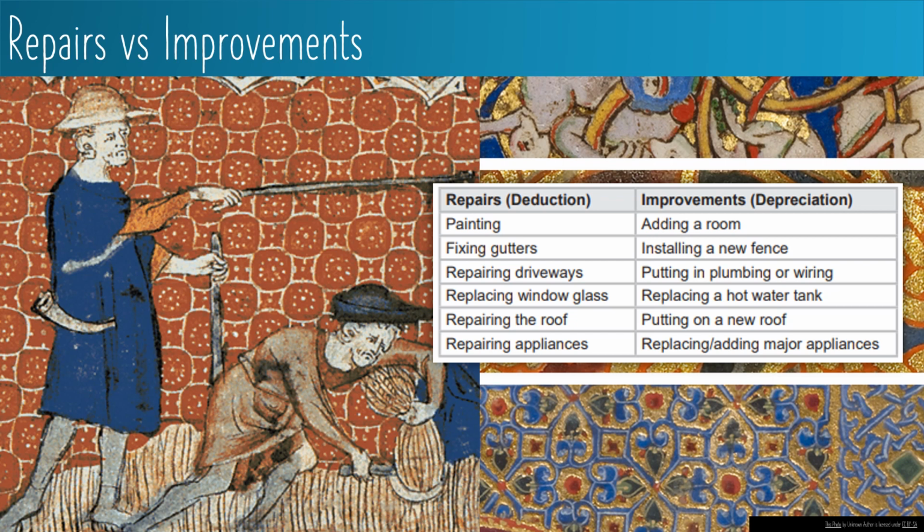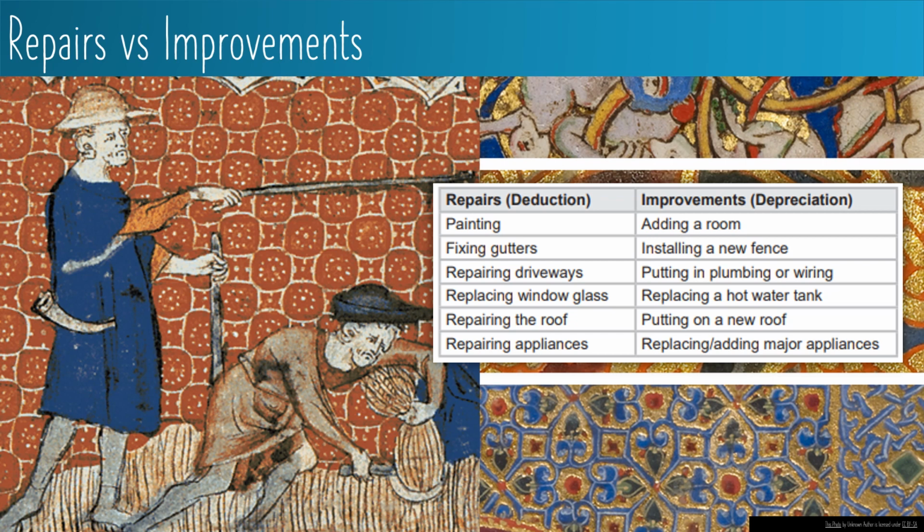Improvements, on the other hand, tend to be much larger. They often extend the life of the asset, or they enhance it in some way. Adding a room enhances the overall property and changes the nature of it now that it has a new room, so that would be considered an improvement.